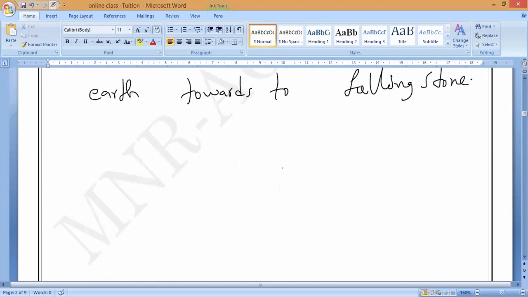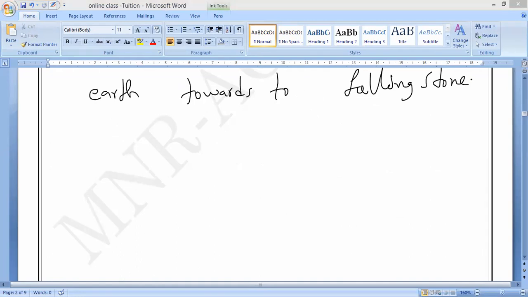Now if you understand this concept, by this time you may understand that an object is falling towards the earth from a certain height, because of which force? Gravitational force, the force of attraction by the earth.